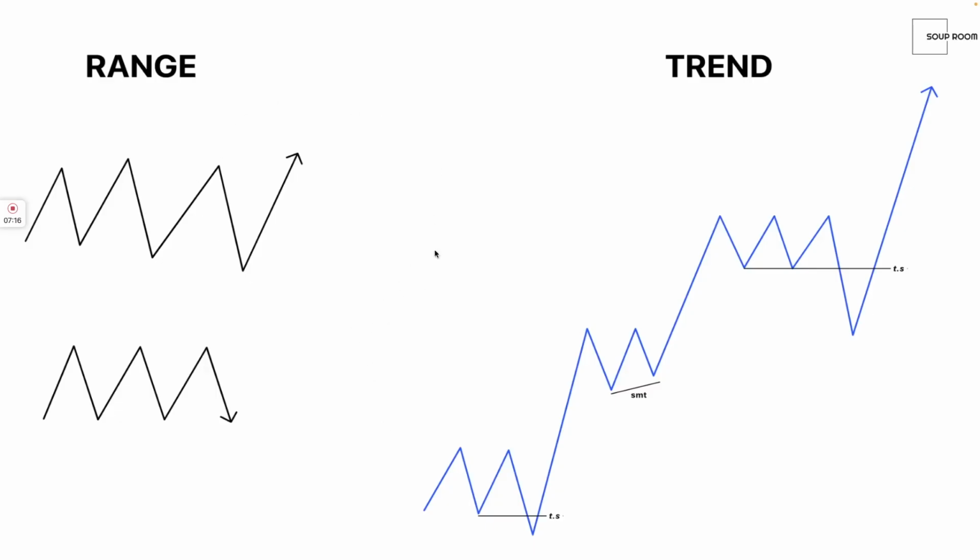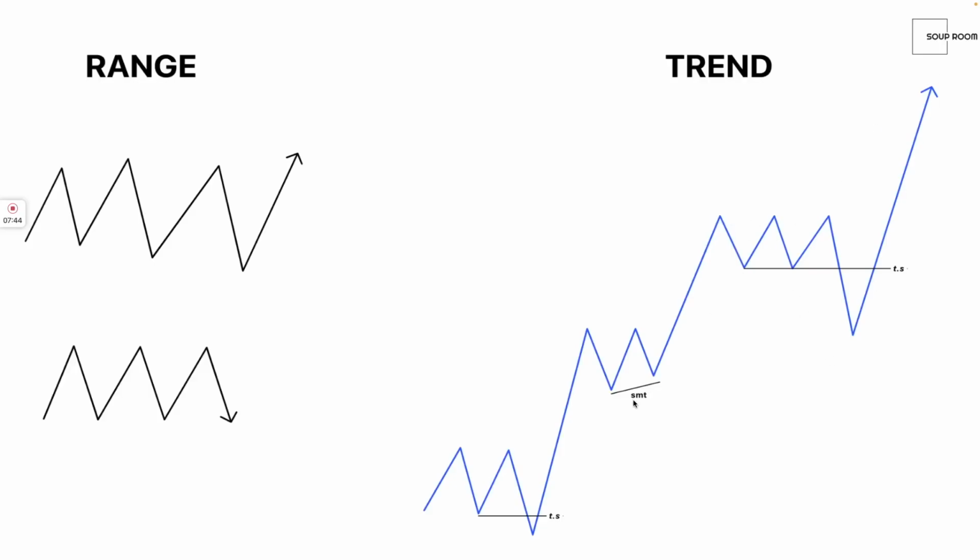So here are examples of a ranging market. Here is a trending market. A range, as a lot of you know, is a consolidating market. A trend is expansion. So there's always going to be ranges on the lower time frame inside of a trend. As you can see, range, expansion, range, expansion, range, expansion.